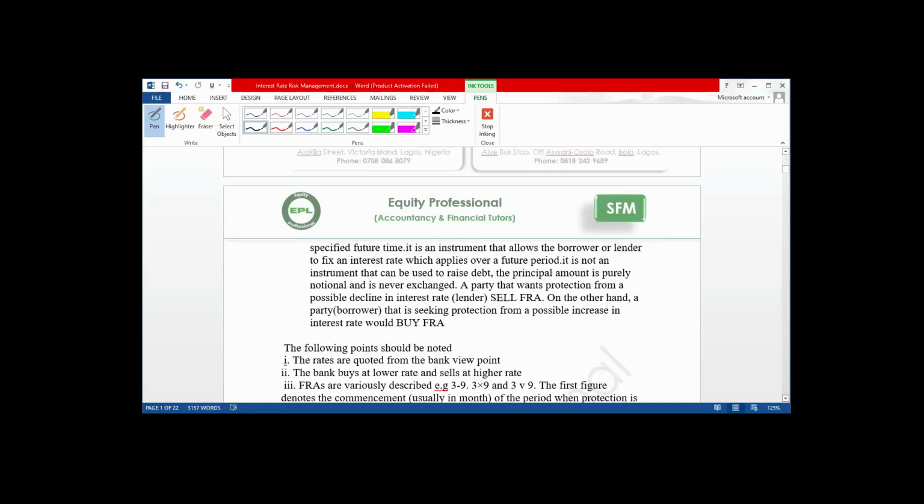The FRA rates are quoted from the viewpoint of the bank. The forward rate agreements are quoted to favor the bank.